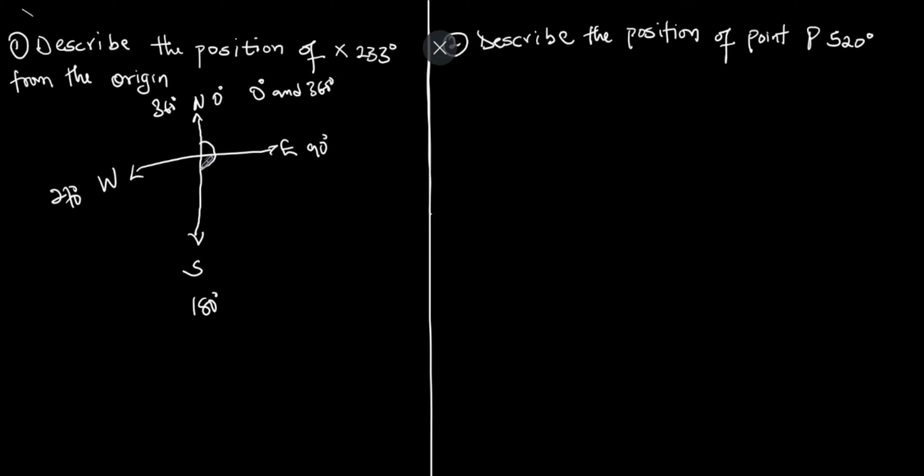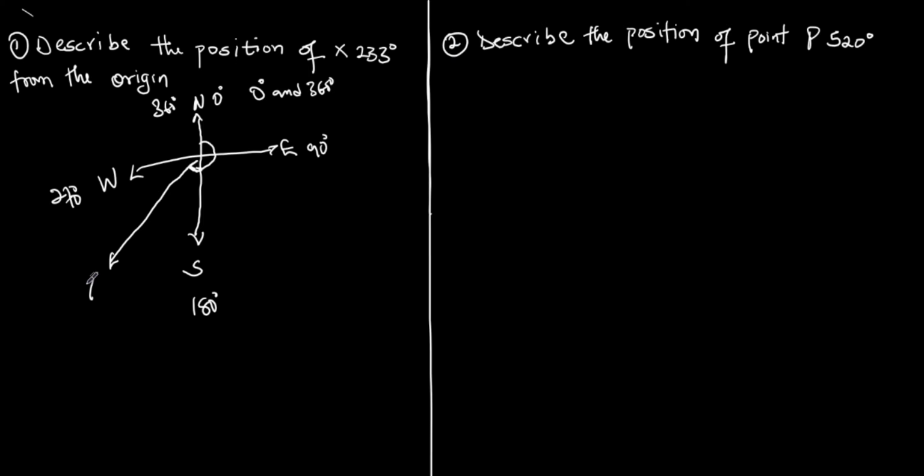To this point, another 90 degrees, which is 180 degrees. If you continue to this point, that will be 270 degrees, which is bigger than our point X. So it means X is 233 degrees, which is between south and west. So 233 degrees will fall around this place between south and west. So we draw our X line.